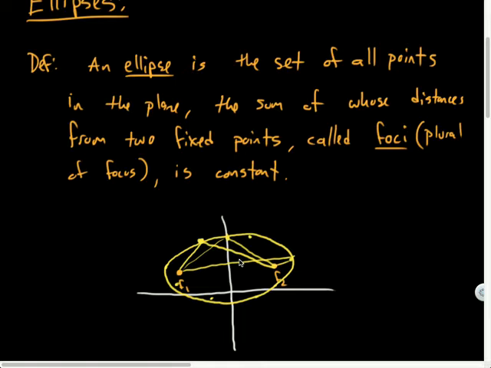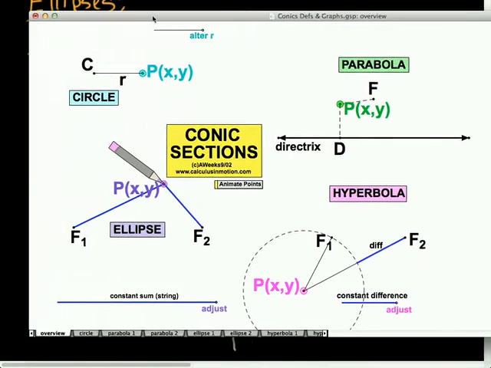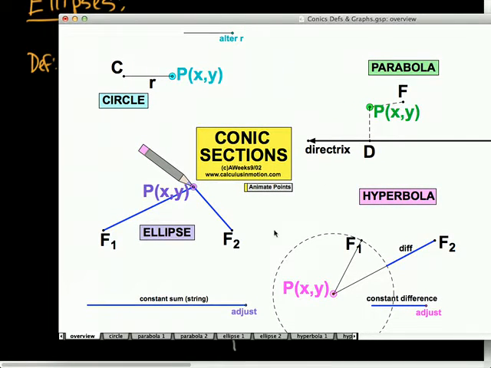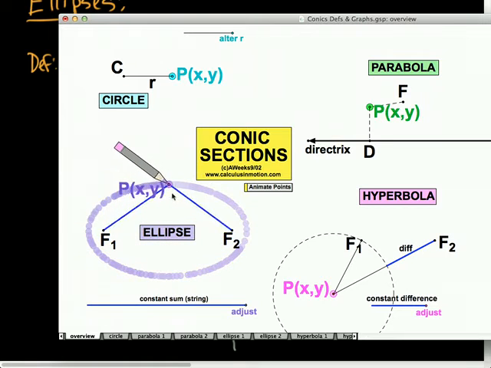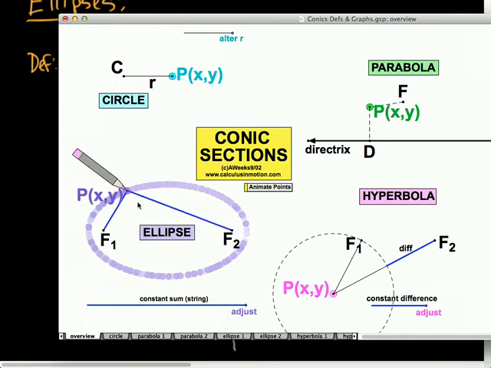Let me show you this sketch here. This is from Calculus in Motion, the lady's website. Here's the idea: if I have a pencil, that blue line is a set fixed length, and if I draw around, pulling that string tight, that's the shape I would get.